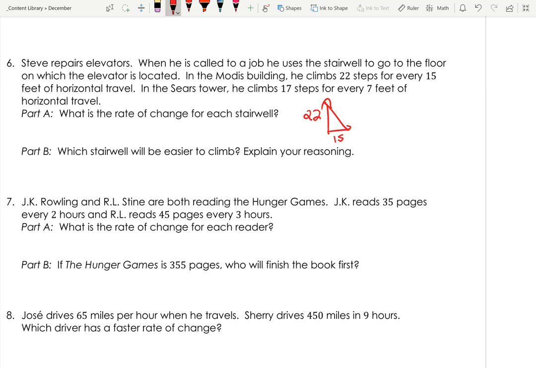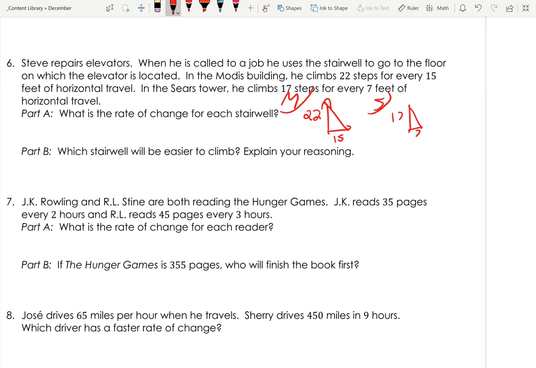And in the Sears Tower, he goes up 17 for every 7 feet he goes over. Now, it's kind of tough to tell. These look very similar. They're kind of close in comparison when we just sketch them.